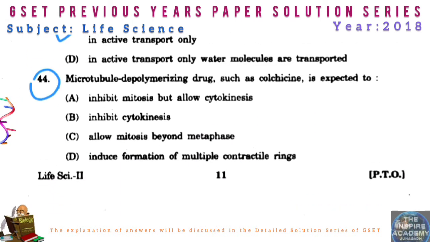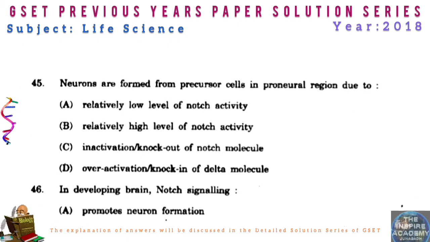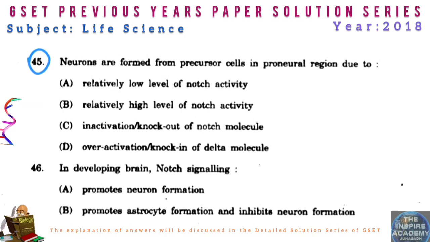Question number 44. Microtubule depolymerizing drug such as colchicine is expected to inhibit cytokinesis. Question number 45.